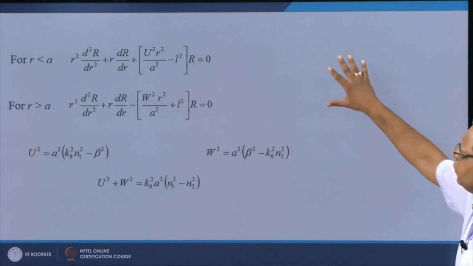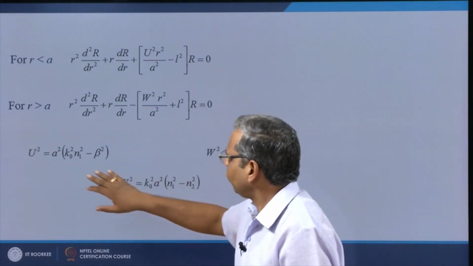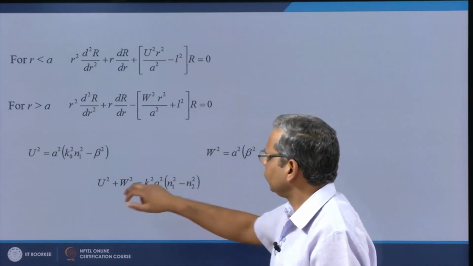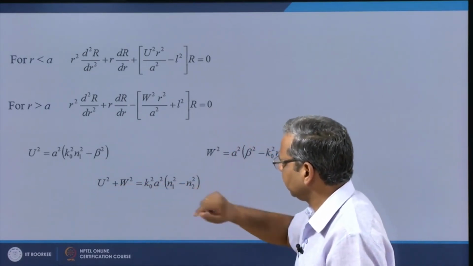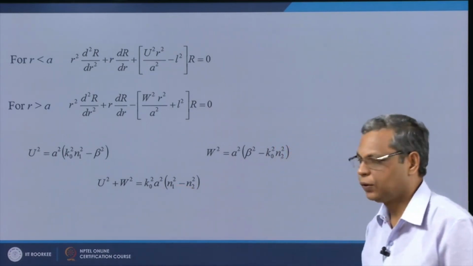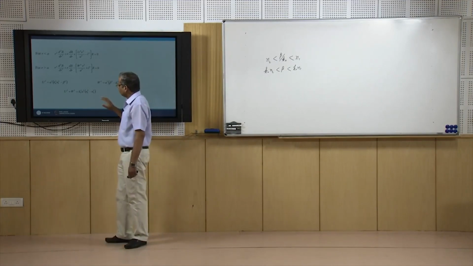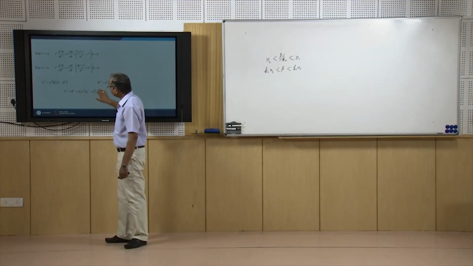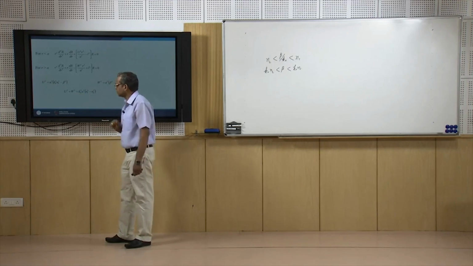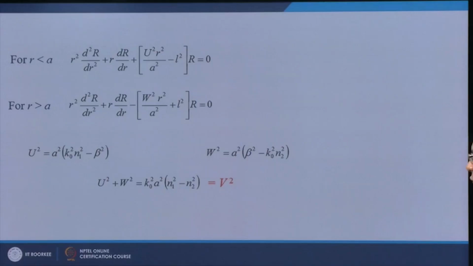So I am going to get the solutions of these, but before that I observe that if I do u square plus w square, then it becomes k naught square a square times n1 square minus n2 square, and by this time I am able to recognize this kind of term very well. This is nothing but the normalized frequency V. So this is V square.